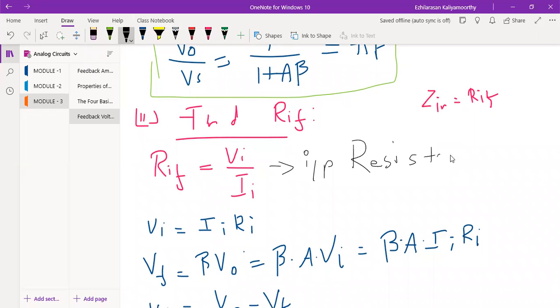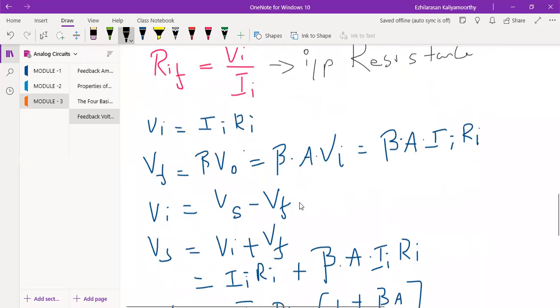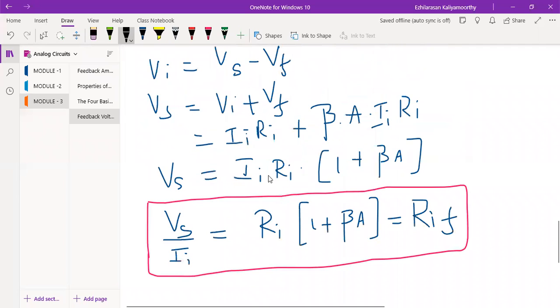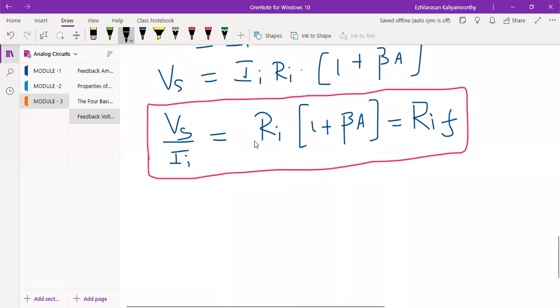Put it in your mind: to find the input resistance, you have to see from the input port only, not the output. So series mixing feedback results in an increase in the amplifier's input resistance by a factor equal to the amount of feedback, 1 plus beta A, because it is series.